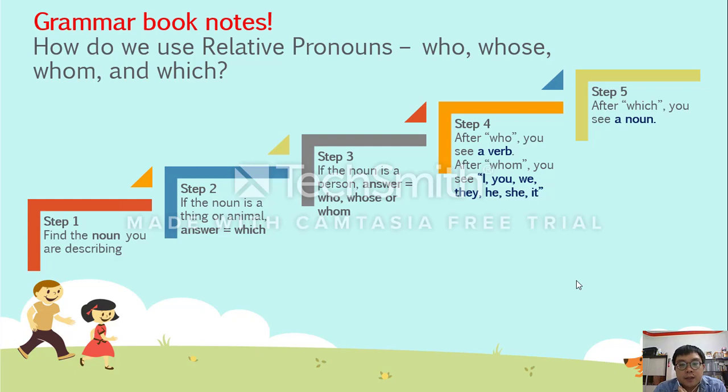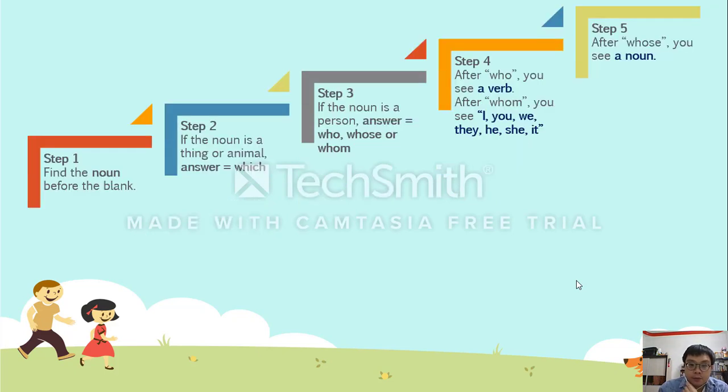If the noun is a person, then the answer must be who, whose, or whom. Step 4. After who, you will see a verb. After whom, you will see I, you, we, they, he, she, it. Then the last step. After which, you see a noun. Okay, we will look at examples. Later we'll follow these 5 rules. You can see the 5 rules up there.